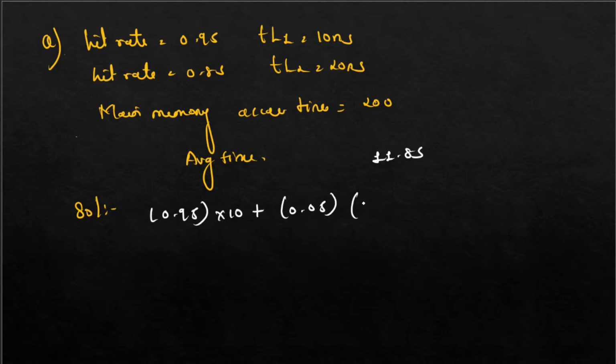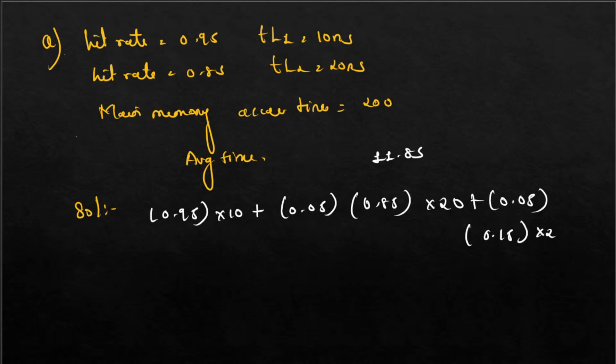After that, hit rate is 0.85 into 20, which is L2 level. After that, again 0.05 access time will be there, and we are going to add the miss penalty, okay, which is included here, which is 0.15 into 200. Okay, so if you calculate all of this, this is going to give 11.85.